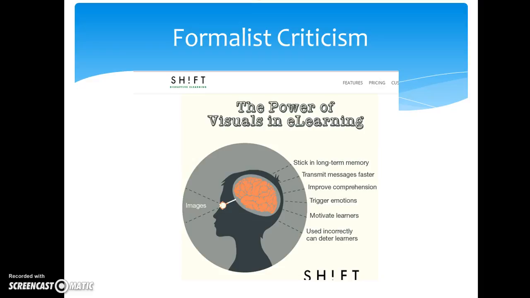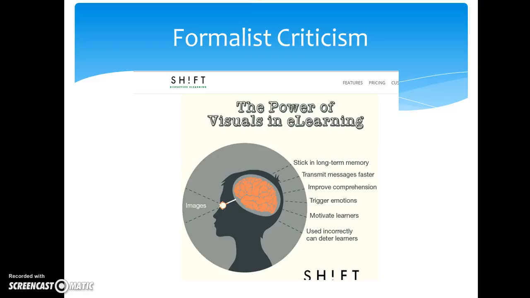So we're more likely to remember a visual than we are just a regular text or sentence found in a novel. Additionally, messages are transmitted faster through visual representations than they would be through ordinary sentences or text. Though a dialogue may stick in our memory, an image is more likely to stick in our memory longer and to get to us faster.